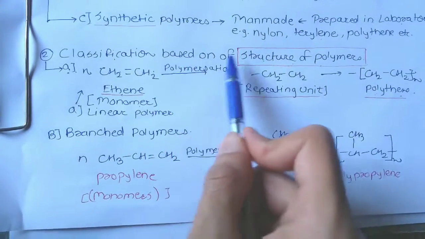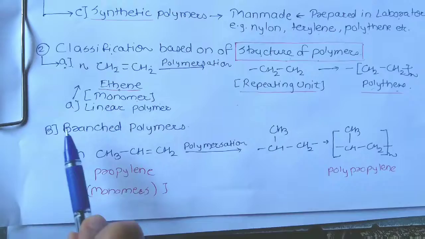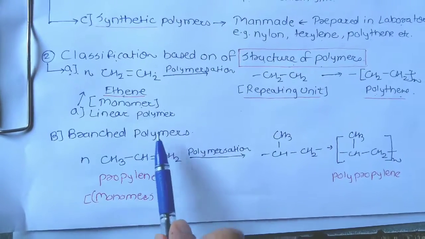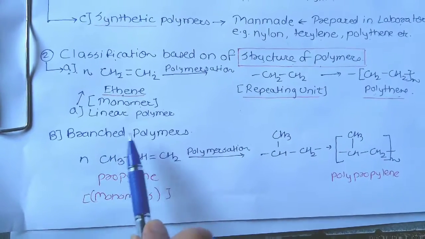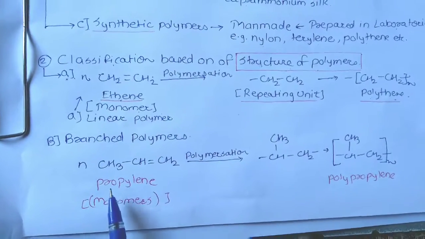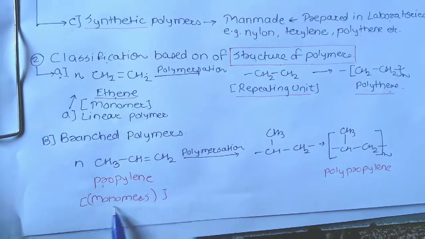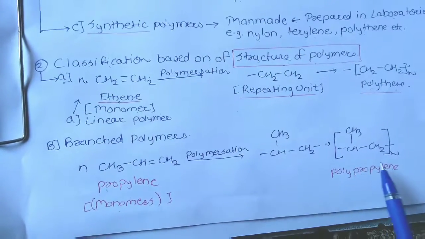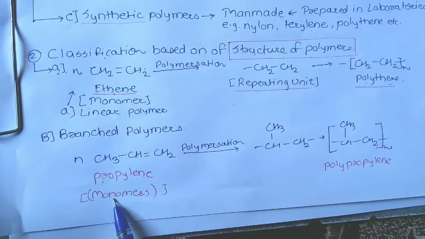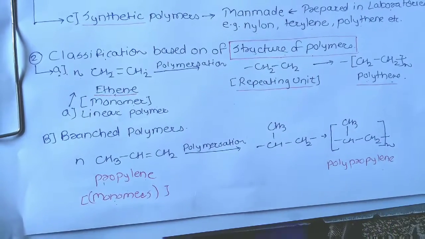Classification based on structure of polymer. First is linear polymer. Second is branched polymer. In branched polymer, the name itself suggests that branching is there. So basically, when propylene is a monomer converted into polypropylene, we know monomer is a smaller repeat unit of a polymer.